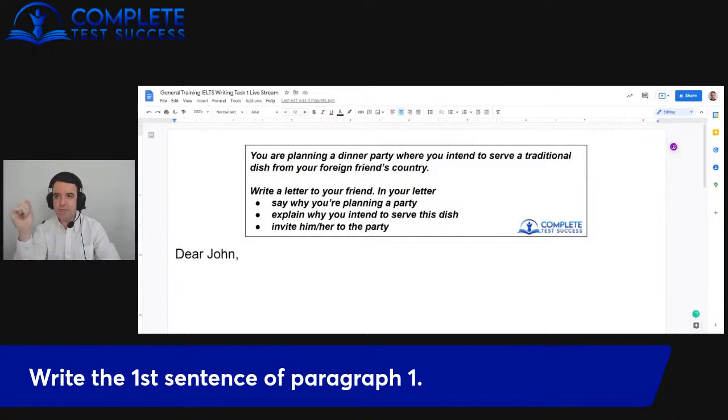So if you include things like, I hope my letter receives you well, I hope you and your family are keeping well, that type of stuff, that doesn't help your score. And even when the examiner is counting the number of words that you've written, that doesn't get counted in the word count. So all that kind of formulaic beginning to a letter, it doesn't help your score. So I would say spend all your time on the things that will help.